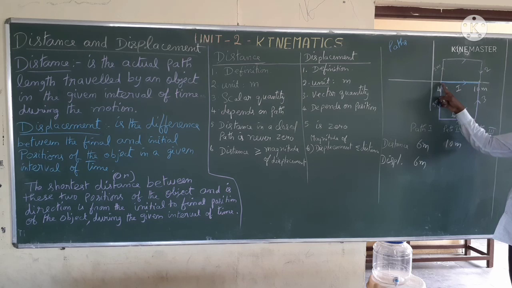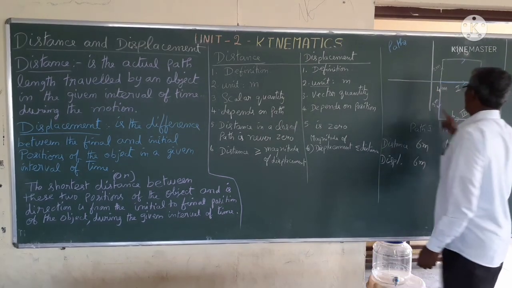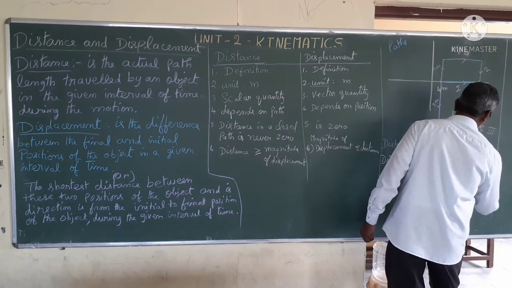For path 2, this is the starting point, the initial position, and this one is the final position. So the displacement once again is 10 minus 4, that is 6 meters. For path 3, the initial position is 4 meters, the final position is 10 meters, so the difference is 6 meters.